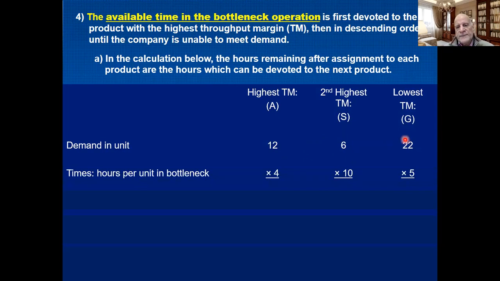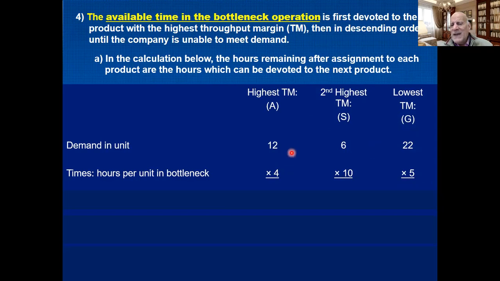So, as for the time consumed in producing each unit, in product A the time is 4 hours. In product S, the time is 10 hours. In product G, we need 5 testing hours.